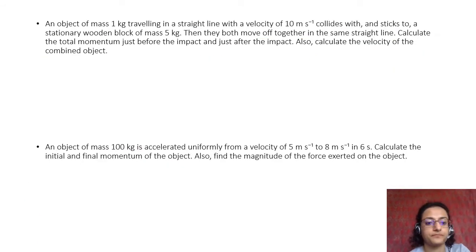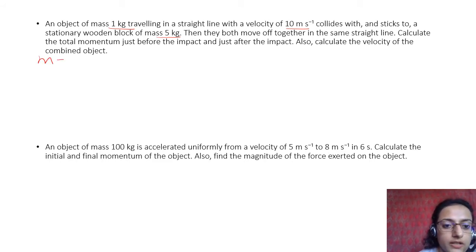Next question. An object of mass 1 kg traveling in a straight line with a velocity of 10 meter per second collides with and sticks to a stationary wooden block of mass 5 kg. Now what all do we know here? Mass of object is 1 kg.